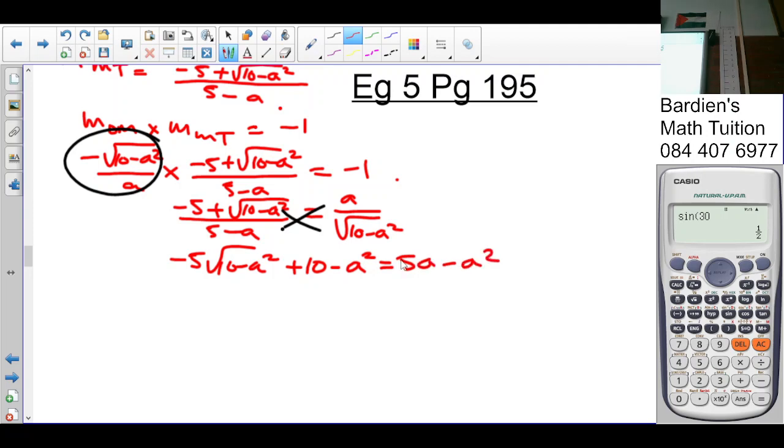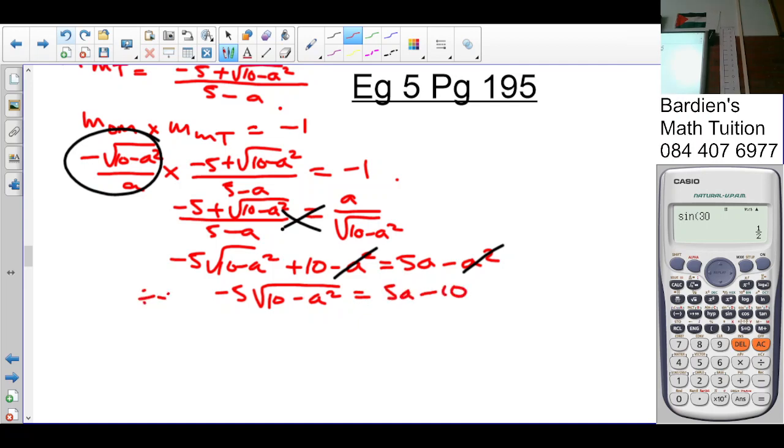What's your question? I wrote earlier on just 5 and not 5a. That was my mistake. Okay, so of course the negative a squareds cancel. So it's going to be negative 5 root 10 minus a squared is equal to 5a minus 10.